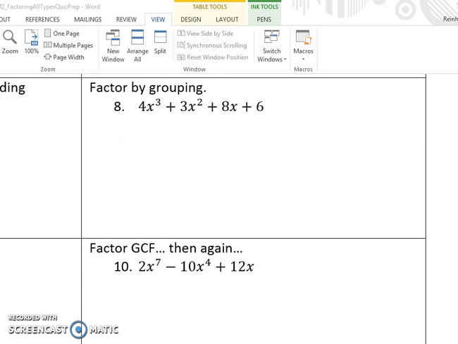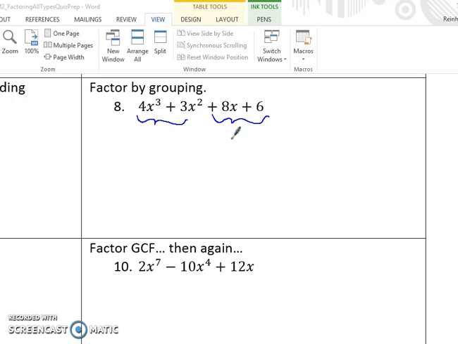So factoring by grouping, we look at groups of terms within our polynomial. And in this case, we're going to group the front 2 and the back 2. And our objective is to pull the greatest common factor out of the group. And then we'll factor from there.